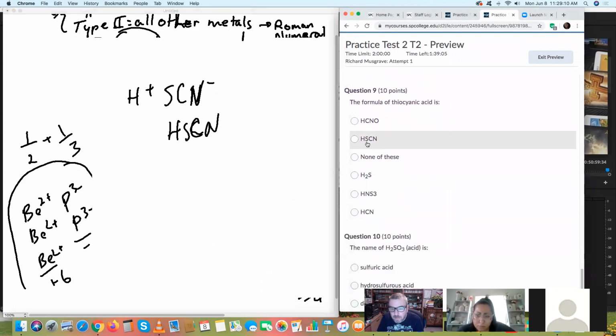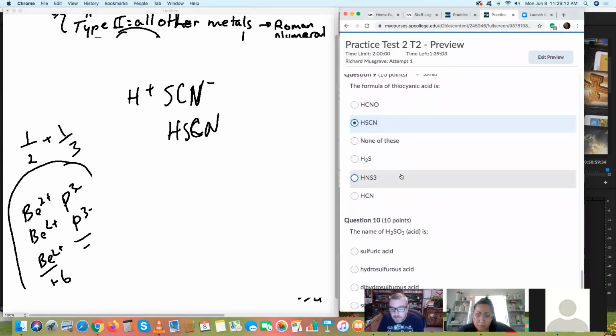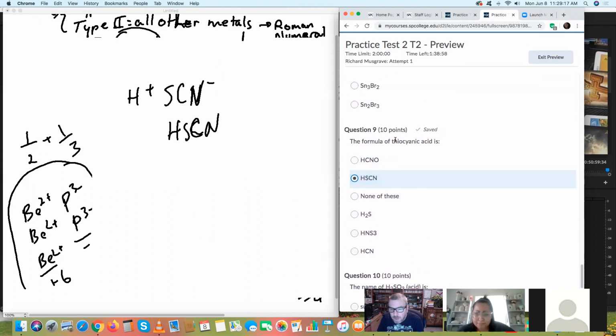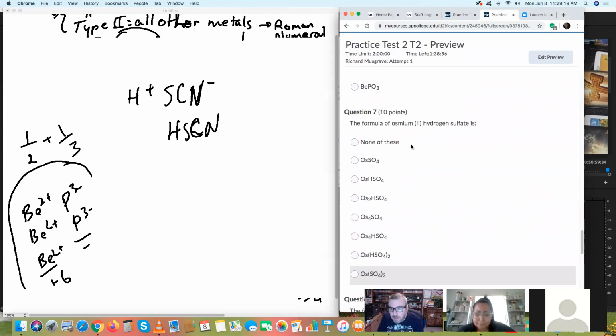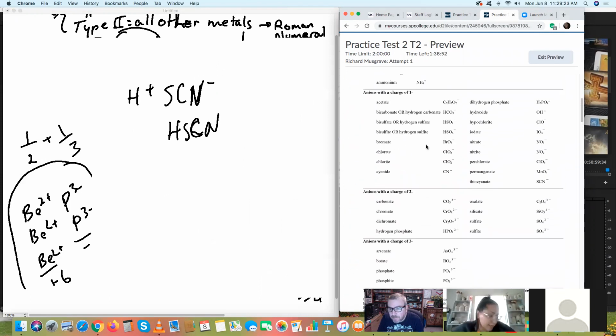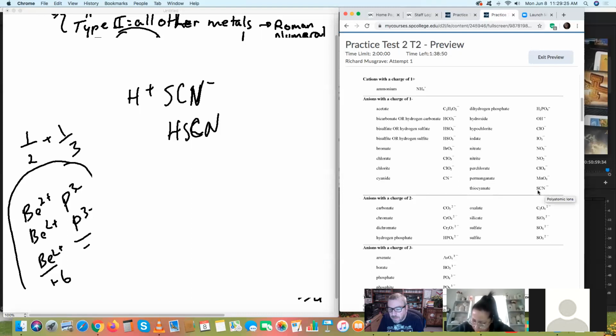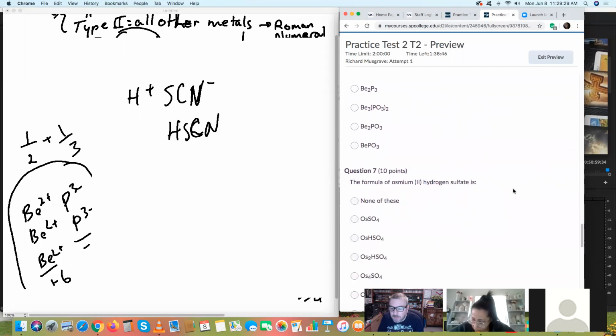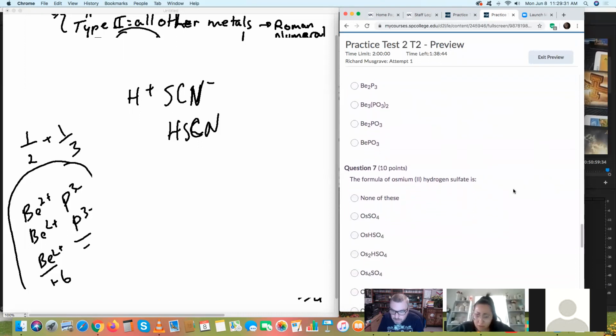Is that okay, Ashley? Nope. Okay. Thiocyanic, right? So we look up here for thiocyanate. Got that. And then you have your SCN negative. And then you say, well, it's an acid, right? Because it's thiocyanic acid. So that's where the H plus comes from. So the H plus joins with the SCN negative, we get HSCN.